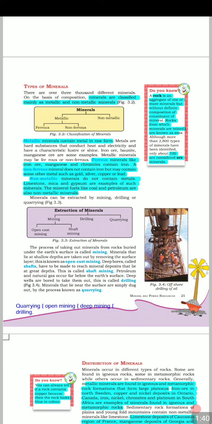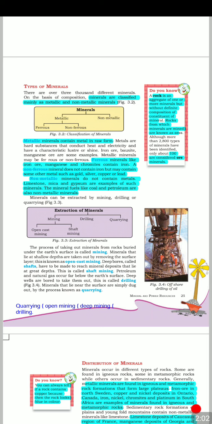On the other hand, some of the metallic minerals, by the term metal, we mean something which conducts electricity and heat easily, right? It has more conductivity as compared to the non-metals. So some of the metallic minerals, very common all around, we know.